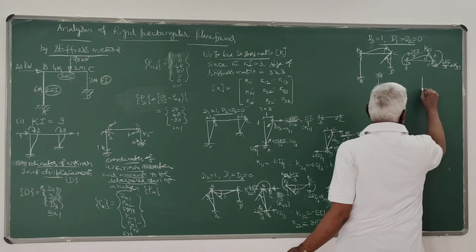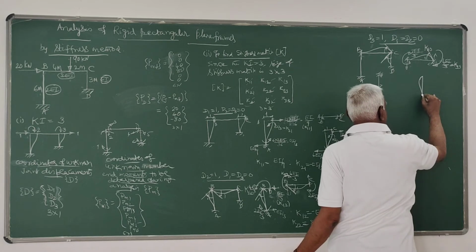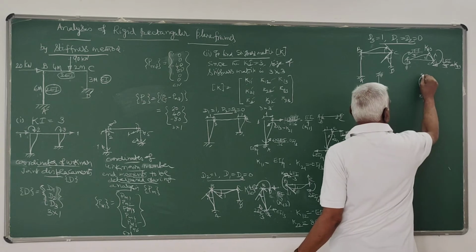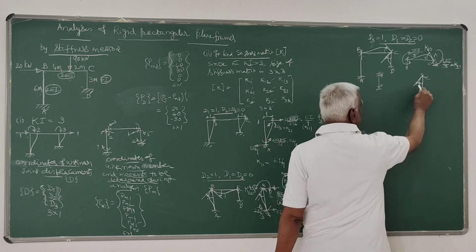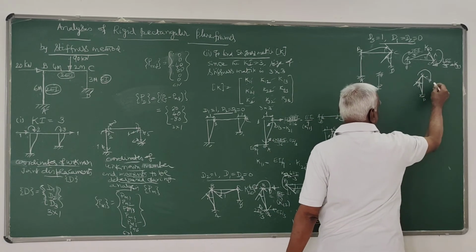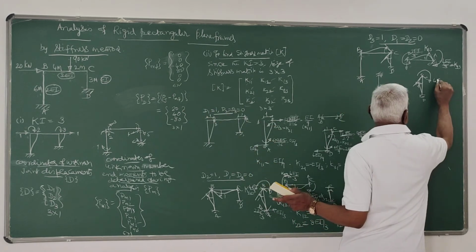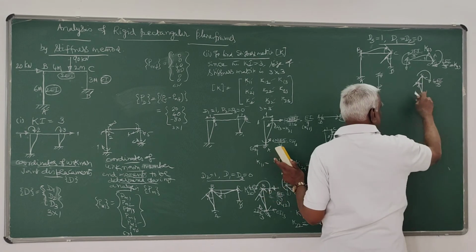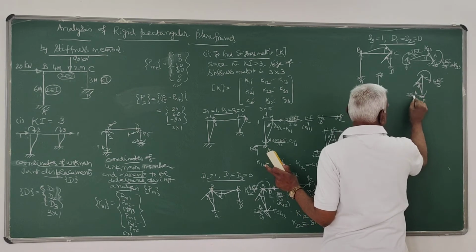Next, this member CD is also affected. It is displaced in this fashion, with the unit displacement given. Since unit displacement is given like that, there must be a force in that direction, which is 4EI by L, where L is 3. Here in the same direction there is 2EI by 3.